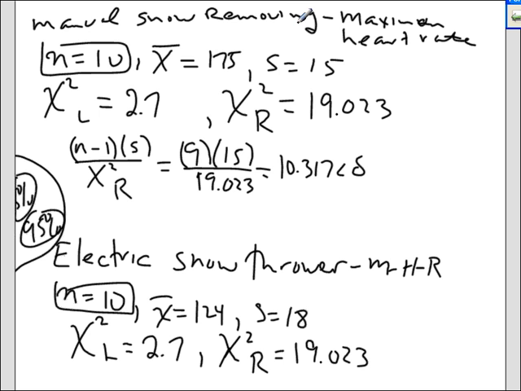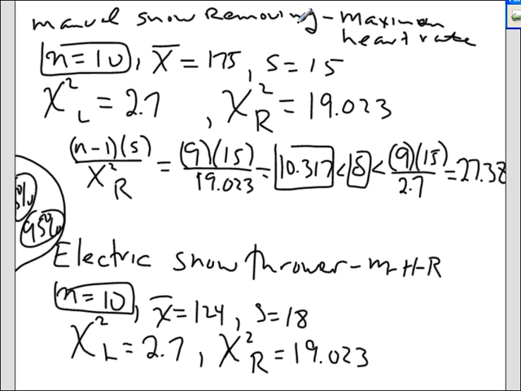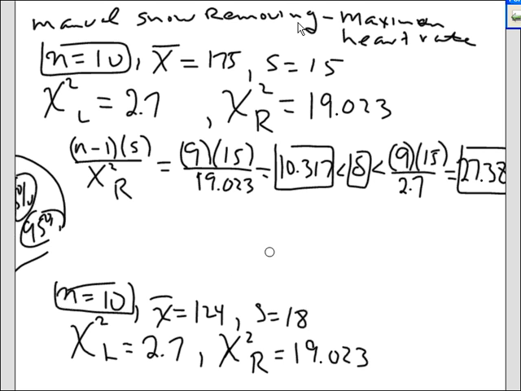That's less than sigma, and sigma is less than n minus 1 times s divided by chi-squared left, which is 2.7. If you do that division, you get 27.38. So sigma is in between 10.317 and 27.38.